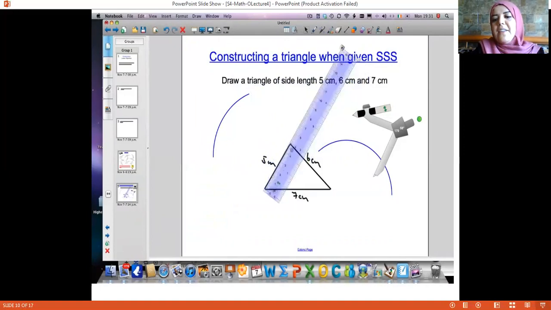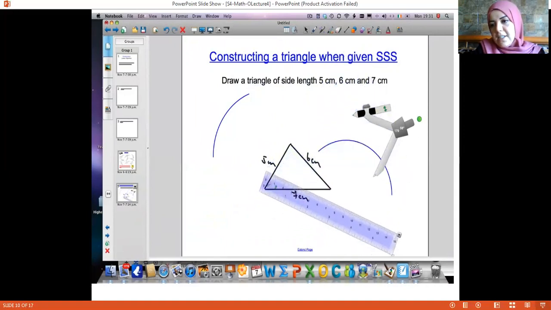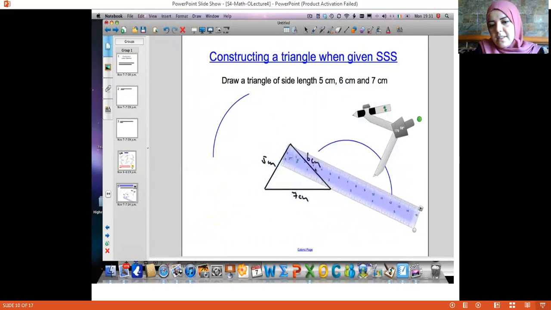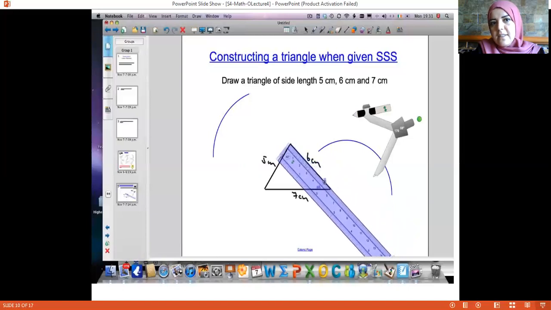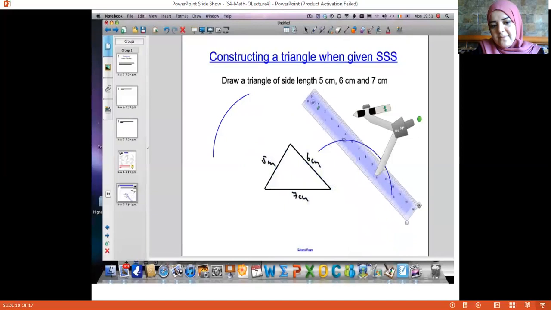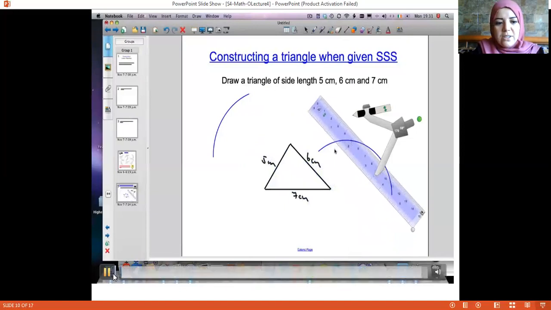Exactly. And the other side is also 6 centimeters. Great. Okay. And that's how we construct a triangle with 3 sides.